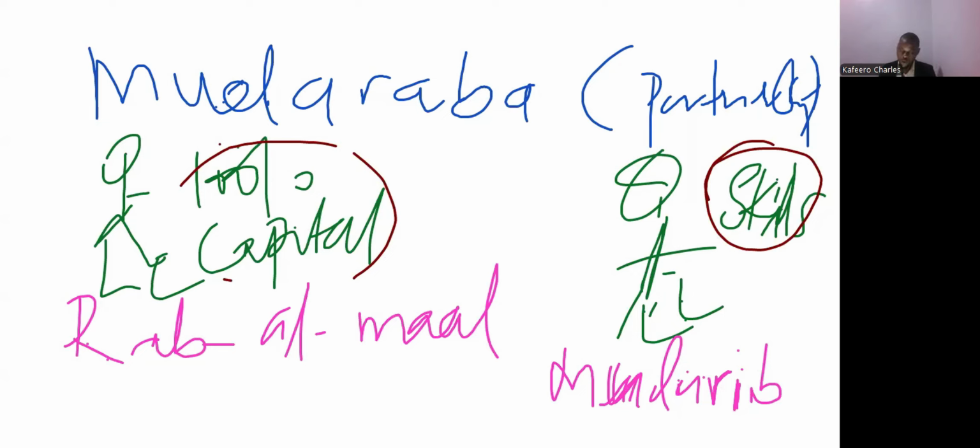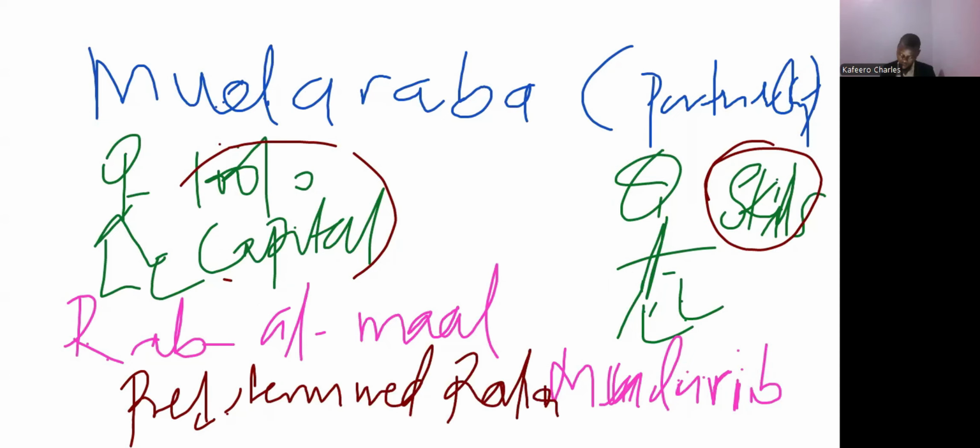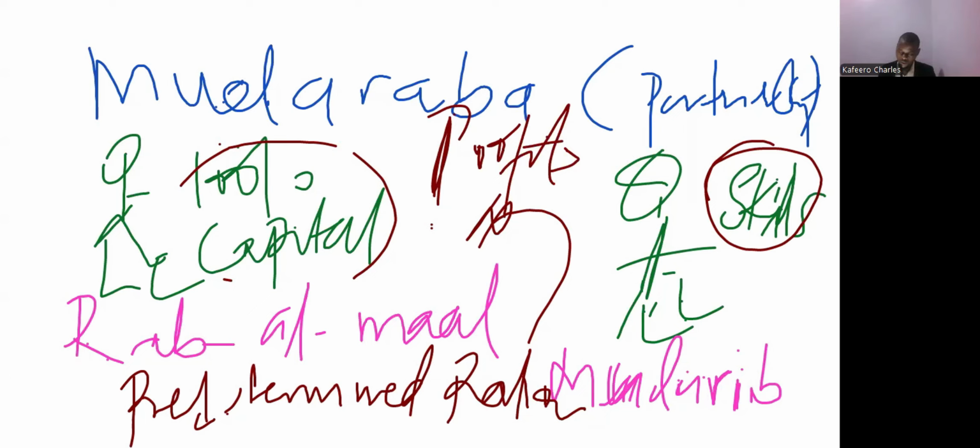Now, when these two people make profits, profits are going to be shared in a predetermined ratio. In case of profits, once they have made profits, they are going to share in a predetermined ratio. They can agree on whichever ratio they are going to use to share the profits that they have made.